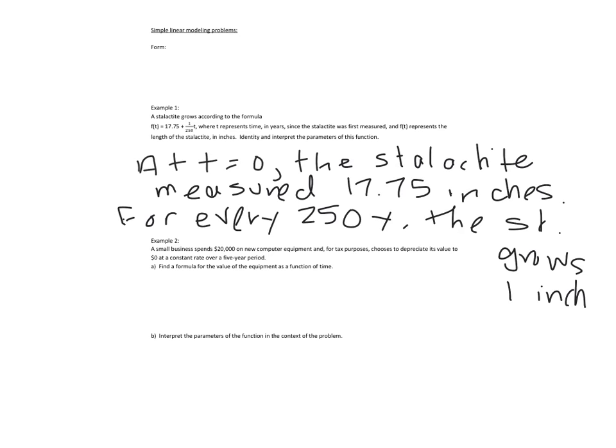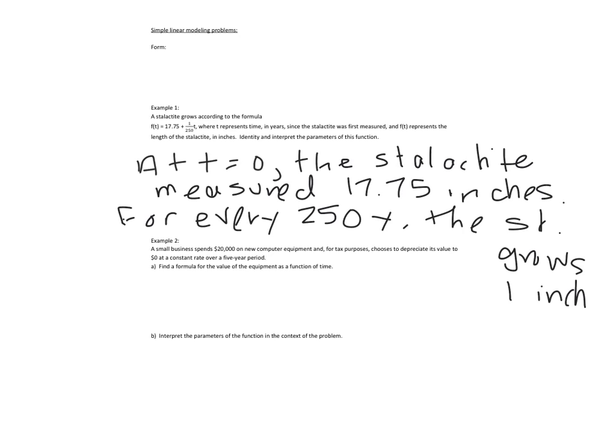Okay, and then in our second example, we're actually going to write a linear function. So this says a small business spends $30,000 on new computer equipment and, for tax purposes, chooses to depreciate its value to $0 at a constant rate over a 5-year period. And then the question asks us to find a formula and interpret the parameters.